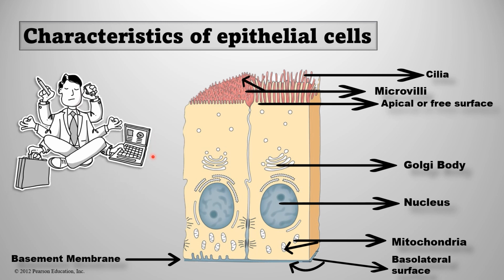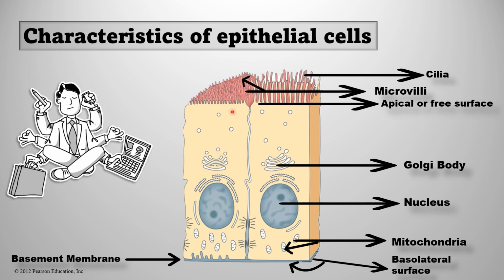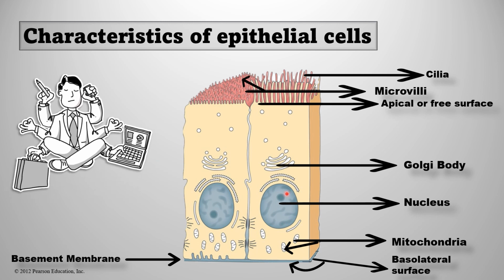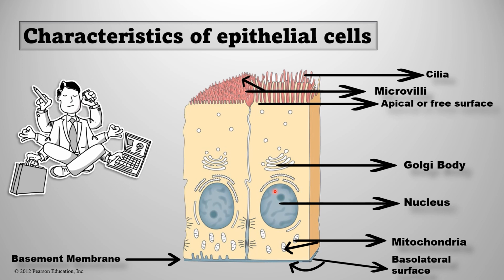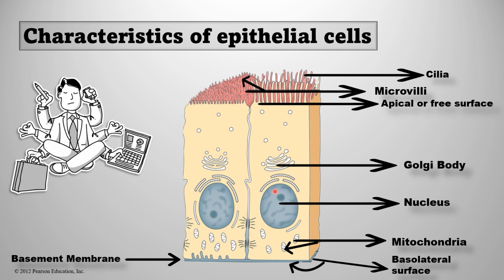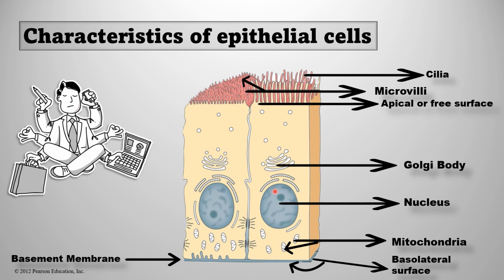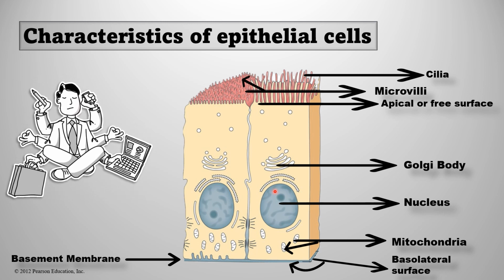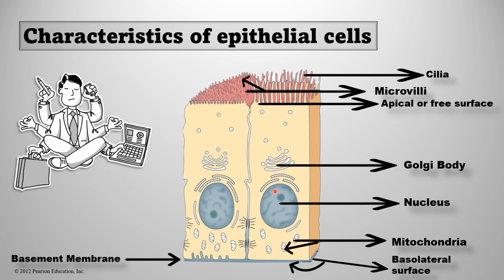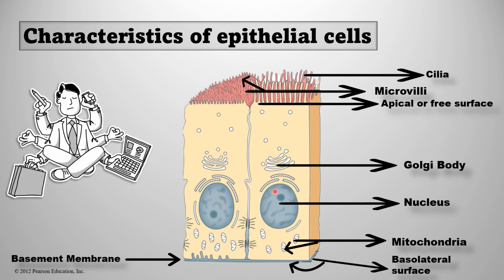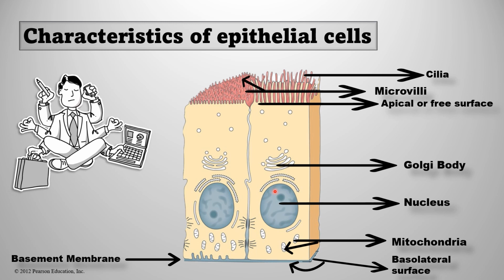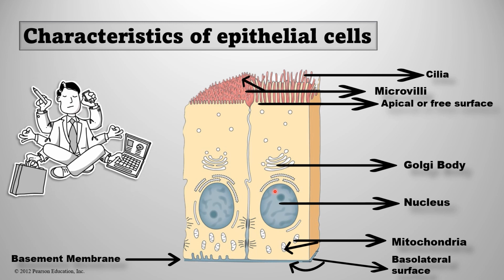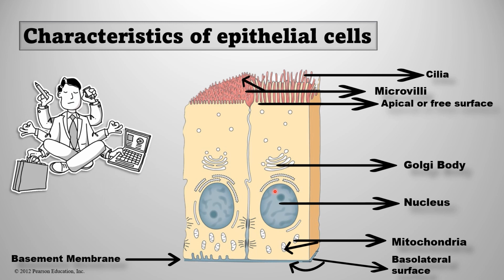Let us take the cells here as a sample. This is a symbolic cell. It is not all types of the epithelial cells. They are not like this, all of them. But this is a symbolic one, just to know how the cell looks and what its shape looks like.